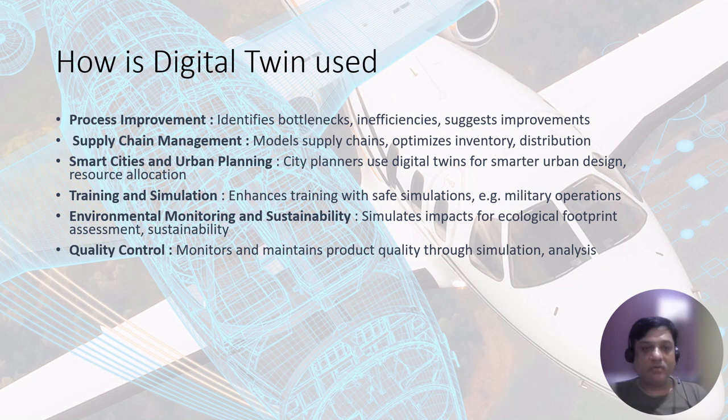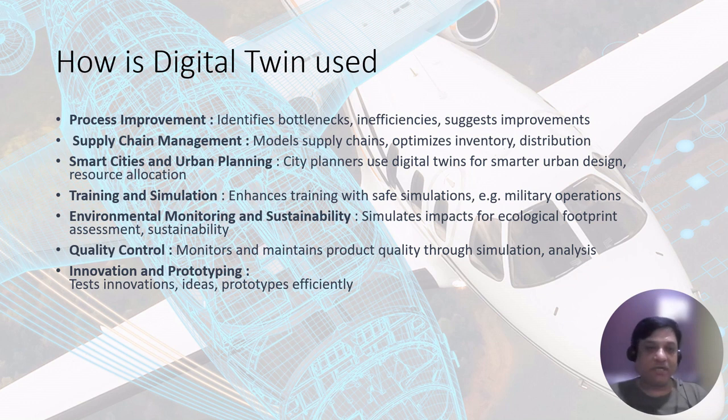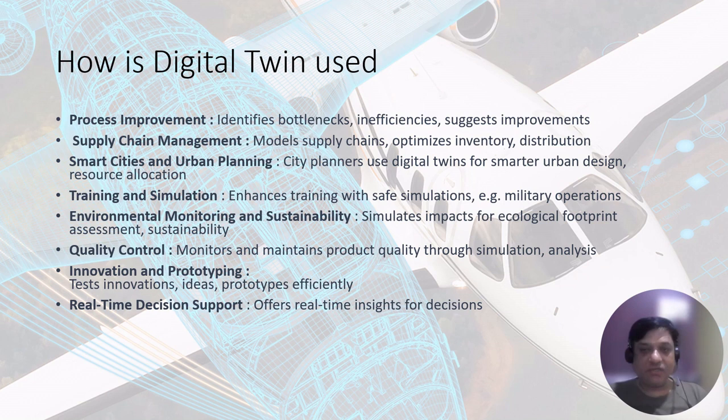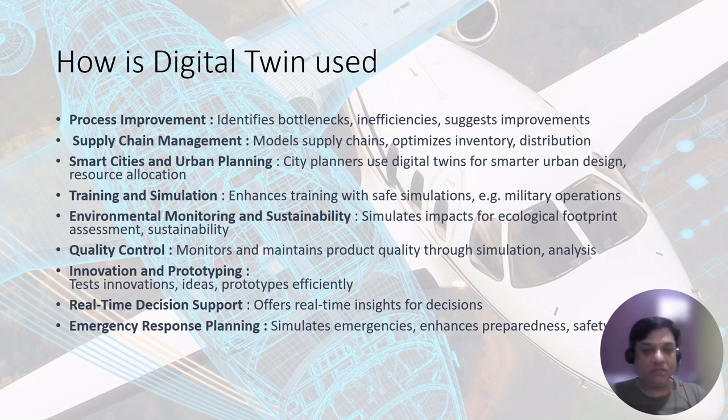Innovation and prototyping is used for testing new ideas, concepts, and prototypes quickly and cost effectively. Real-time decision support is used for supporting quick and informed decision making in rapidly changing environments, and emergency response planning for developing effective response strategies, enhancing preparedness and safety.